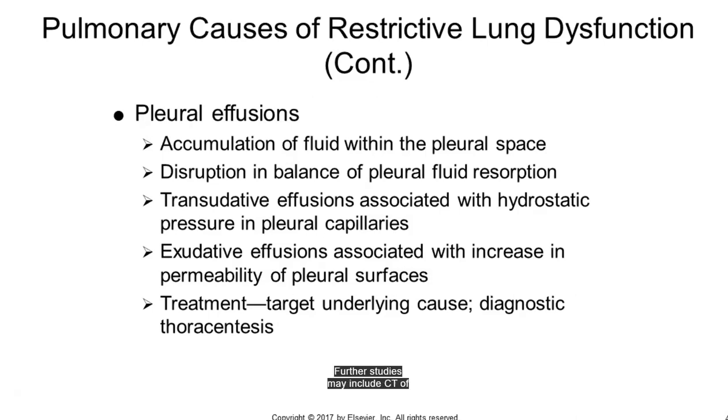Further studies may include CT of the thorax, pleural biopsy, thoracentesis, thoracoscopy, or sometimes bronchoscopy. Patients may exhibit blunting of costophrenic angles and opacity in dependent regions on x-ray, bronchial breath sounds and egophony above the pleural effusion, sometimes a pleural rub if inflamed pleura is present. Treatment consists of treating the underlying cause, thoracentesis, and chest tube drainage.